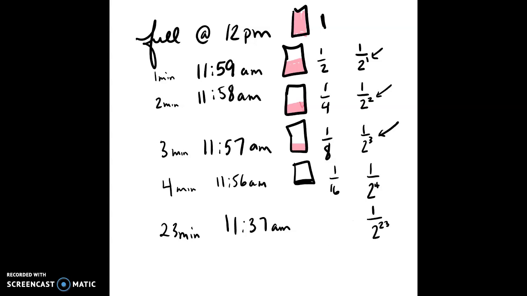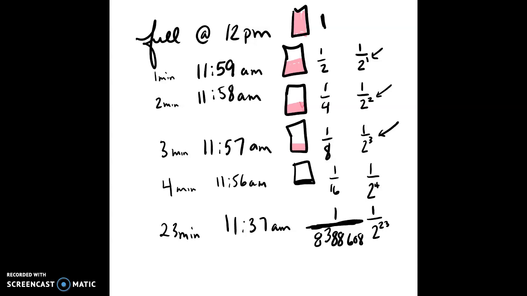Now this one does not say to leave it in exponential notation. It says type an integer or simplified fraction. So I'm going to calculate what 2 to the 23rd power is, and that is this large number, 8,388,608. And then 1 divided by that would be the fraction of the bottle that's full. This is a very small number, 1 divided by this large number on the bottom, but this is the number that would be my answer.